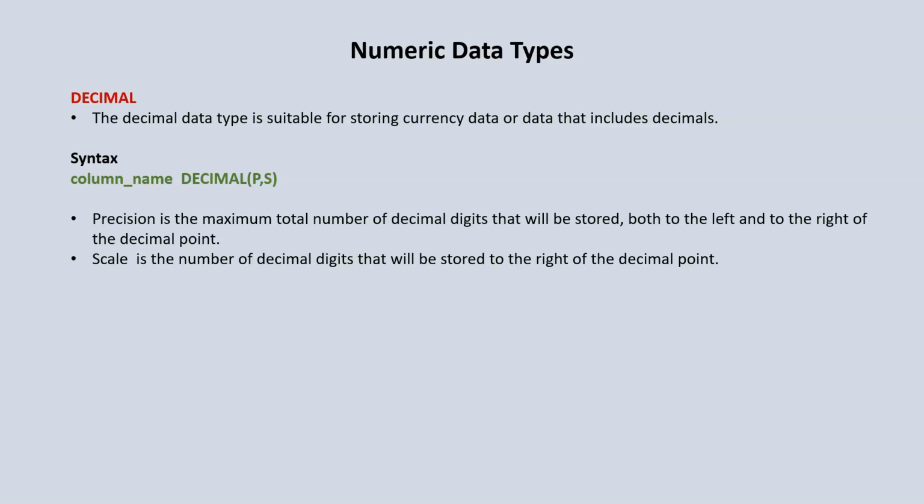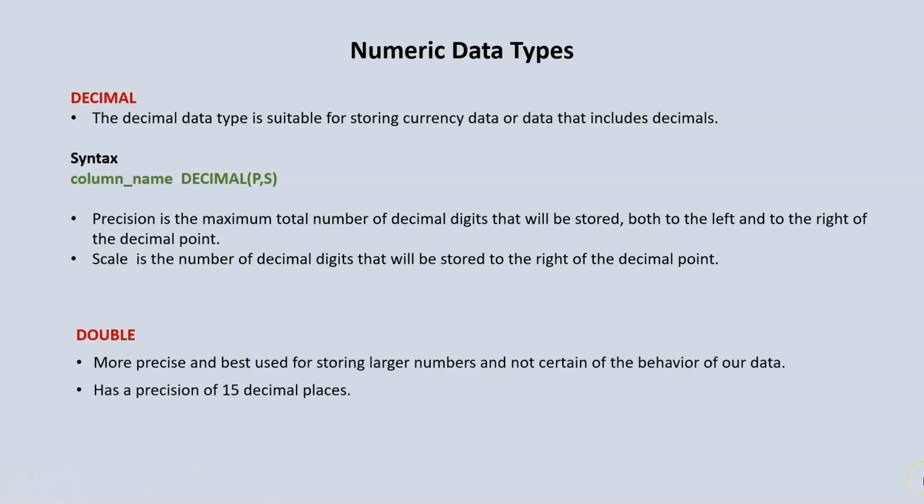Now, precision is the maximum total numbers of decimal digits that will be stored both to the left and to the right of the decimal point. The scale is the number of decimal digits that will be stored to the right of the decimal. Later on in the course, we will work on decimals, at which point I would show you how the syntax works.